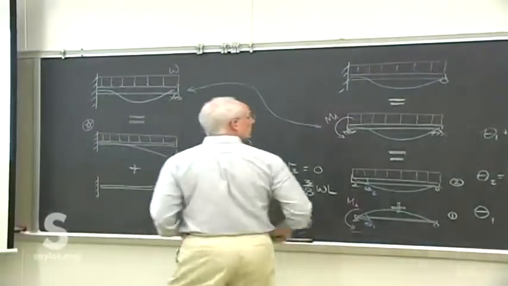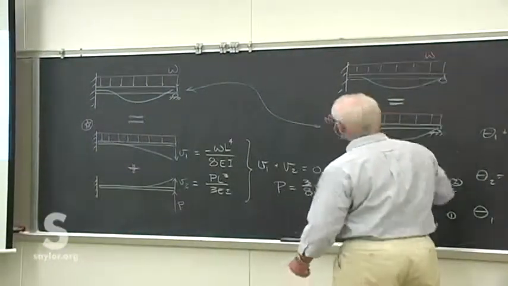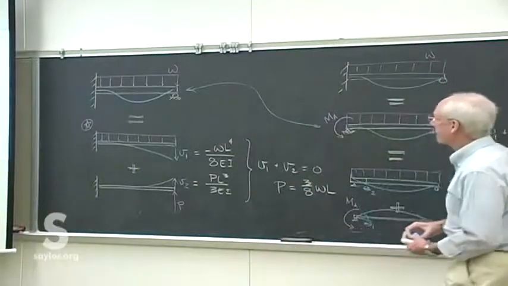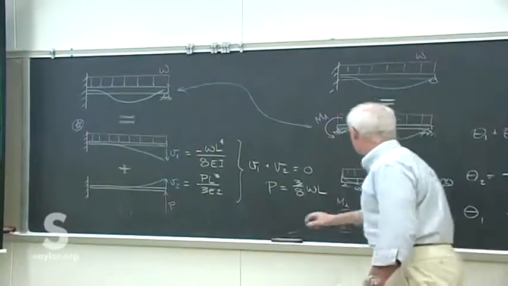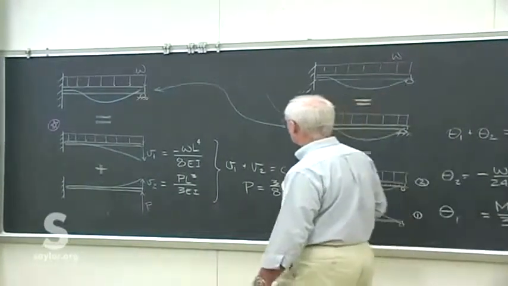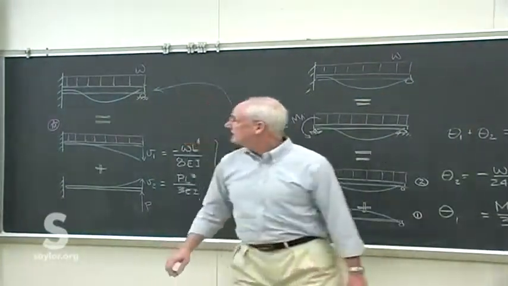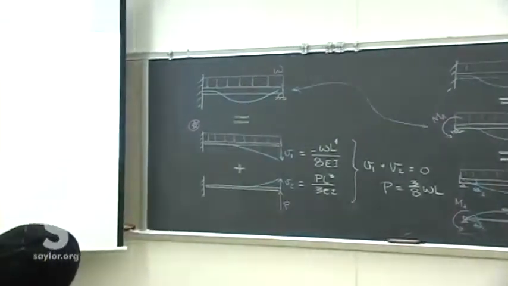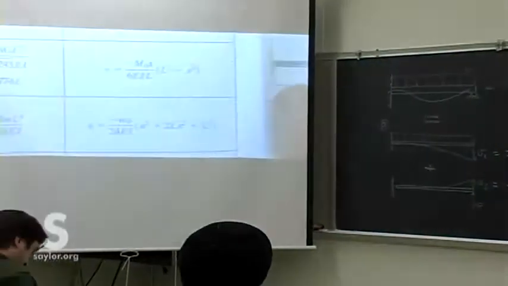That's W, that's P. Actually, we just need W. So find the elastic curve for the two, which is a matter of, well, for the one that's pictured up there, which is the second one we did, you've got this elastic curve over here.